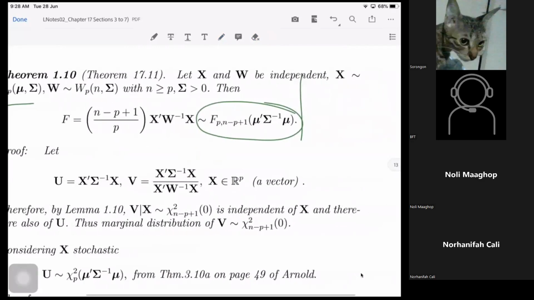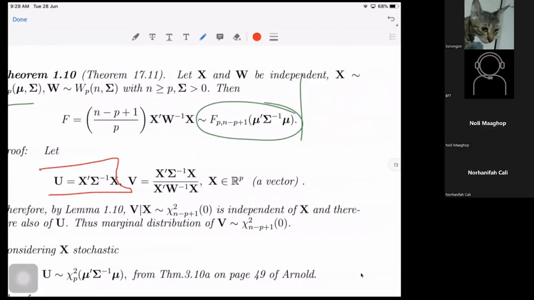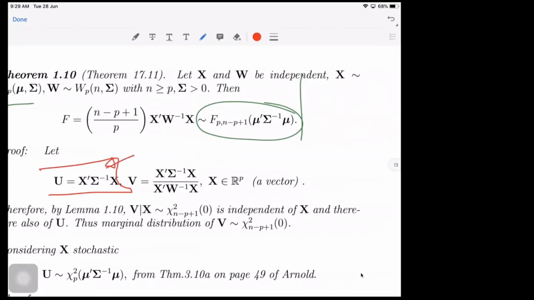Let U be X prime sigma inverse X, since it is a quadratic form, it is chi-square. And V to be X prime sigma inverse X over X prime W inverse X. X is a vector.